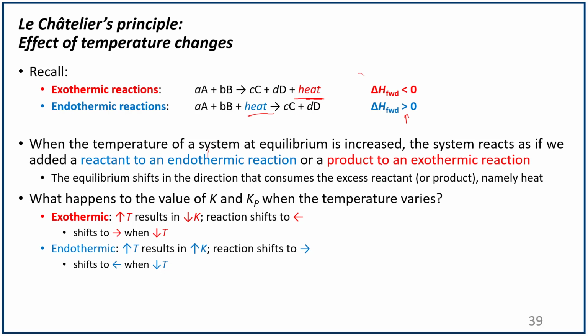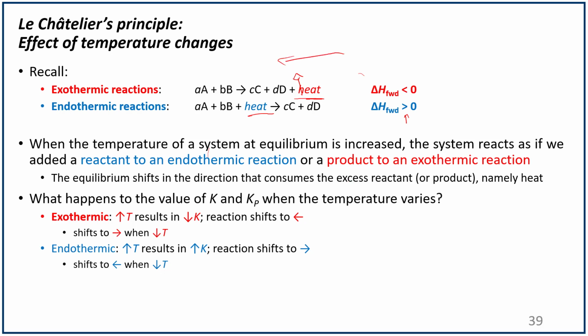So if you have an exothermic reaction, an increase in temperature will lead to an increase in heat. If you add more heat, which is adding more products here, then the reaction should shift to the left.